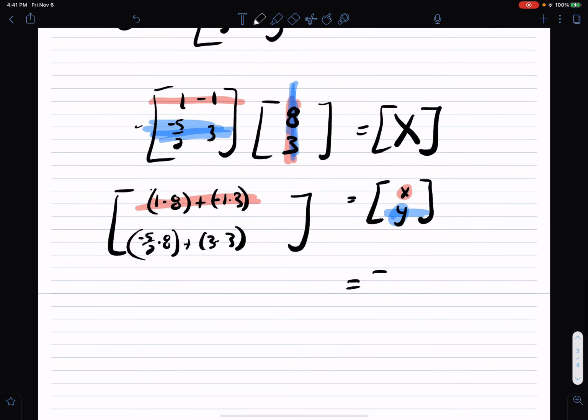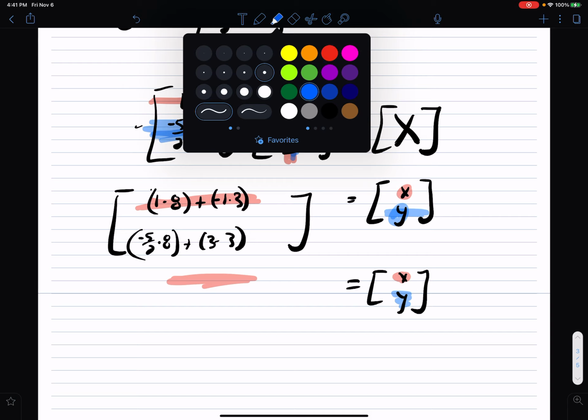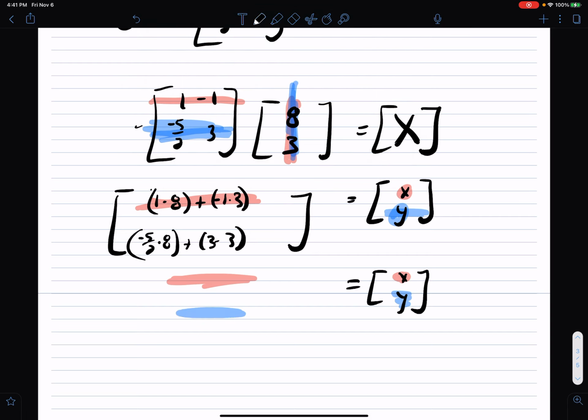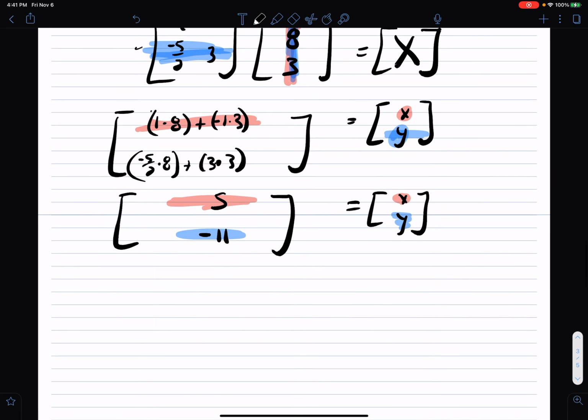So if I just reduce the matrix on the left, whatever's on top is going to be the value of X, and whatever's on the bottom is going to be the value of Y. So when I look at what's on top, 8 minus 3 is 5. This is going to be negative 40 divided by 2, which is negative 20, plus 9 is negative 11. So I've now shown, using matrix operations, that 5 is equal to X and negative 11 is equal to Y.